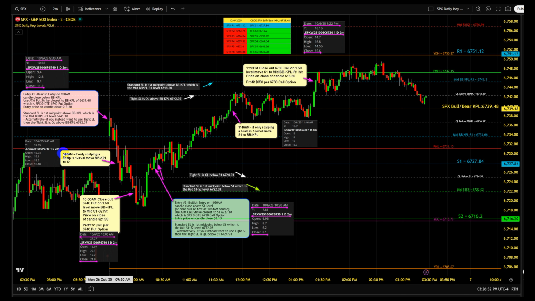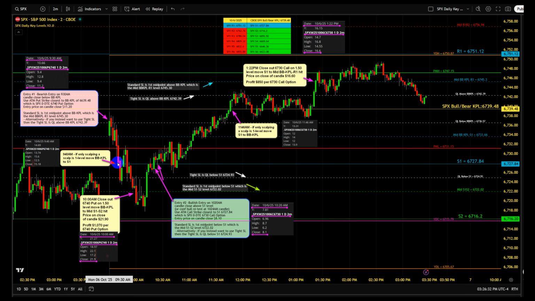So as you can see here, just a few minutes later at 9:40 a.m., if only scalping, a scalp is a one level move, BBKPL to S1. So when you entered here, if you're just scalping, then as you can see on this candle at 9:40 a.m., it goes down, touches this level and closes here.